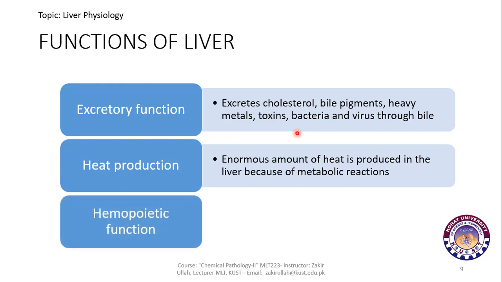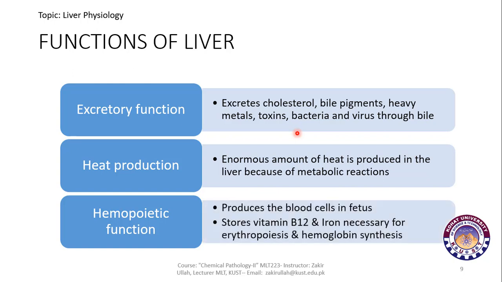The next is the hemopoietic function. Liver produces blood cells during the fetal life. From 6 to 9 months, blood is being produced within the liver, and also liver stores vitamin B12 and iron.